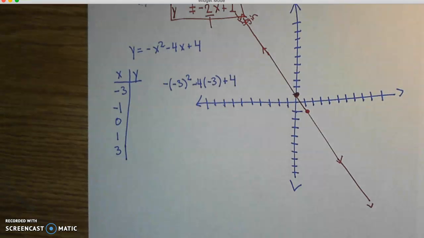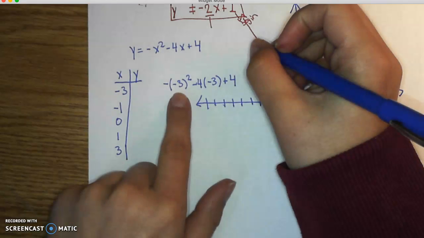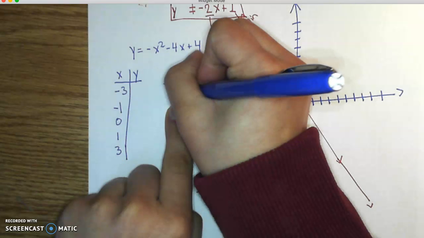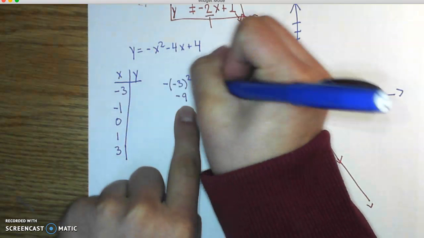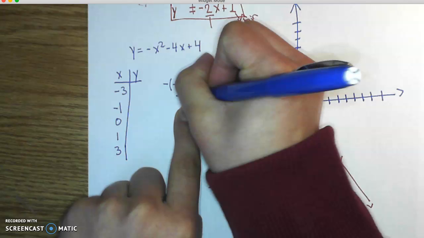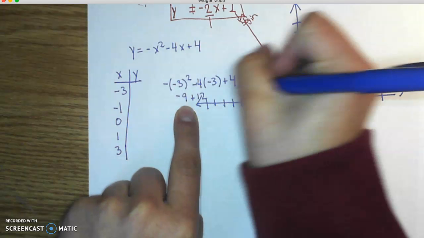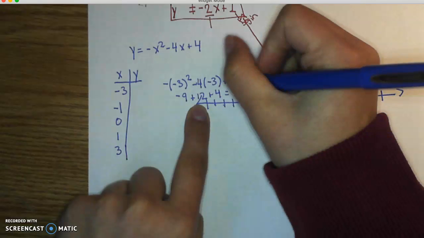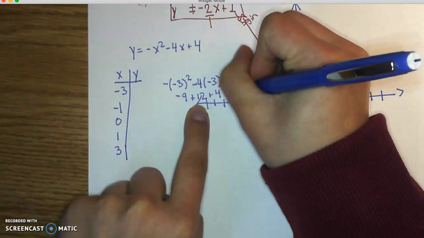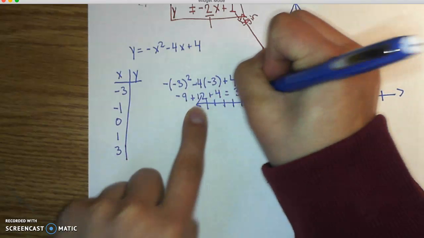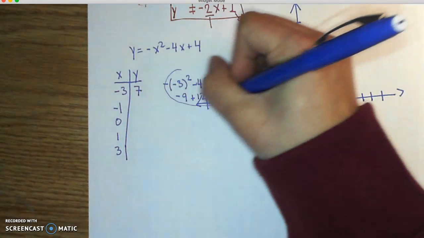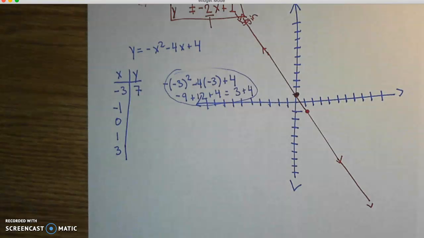Don't let it scare you. -3 squared is -3 times -3. That's negative from outside 9 plus 12 plus 4. -9 plus 12 is 3 plus 4 is 7. All of this can be done in a calculator, or you can try to do it in your head.